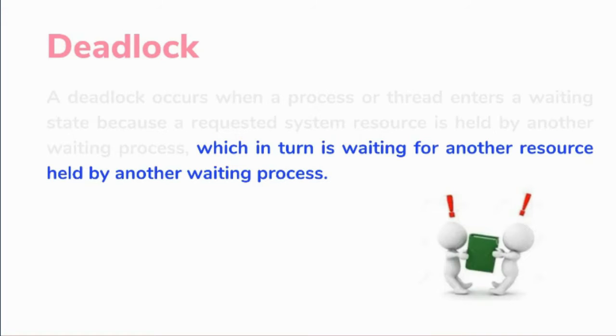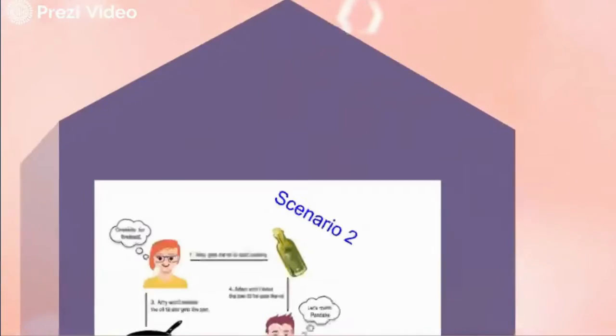In the figure, we see two persons trying to grab a book. The book cannot be used by two persons at a time. Either the first person, after reading or writing in the book, can give it to the other person so that the other person can use it. So this situation, when two processes try to grab one particular resource, is called a deadlock.